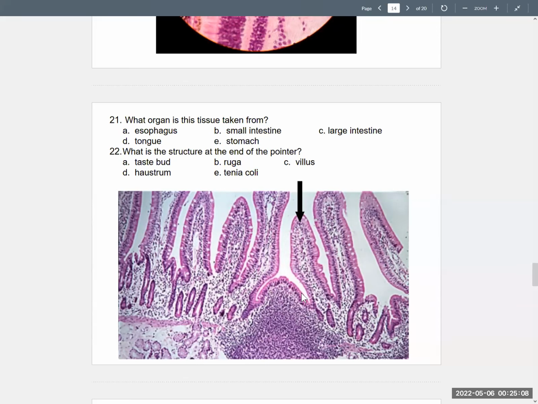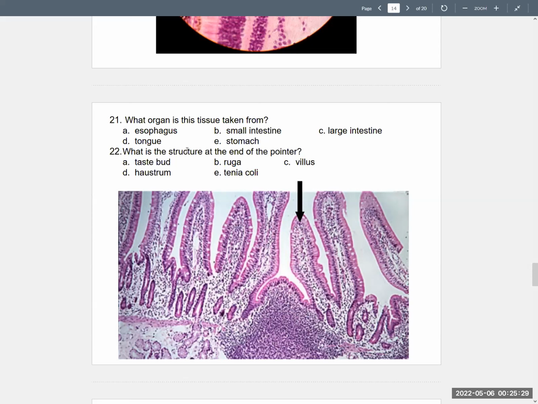Tongue? No, it's not esophagus. Esophagus is a tube.